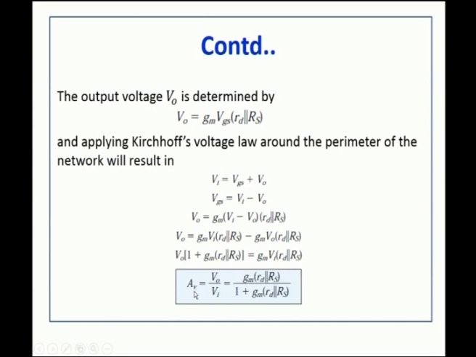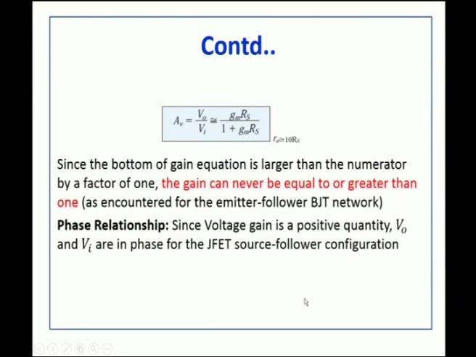So, you know what the voltage gain is, that is VO by VI. From this you can get GM into RD parallel RS by 1 plus GM into RD parallel RS. Again, if the resistance RD is greater than 10 times RS, the RD part is neglected here.